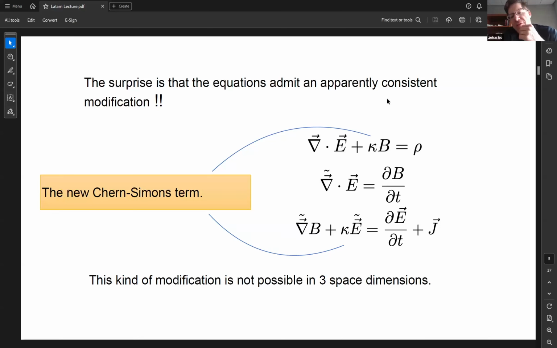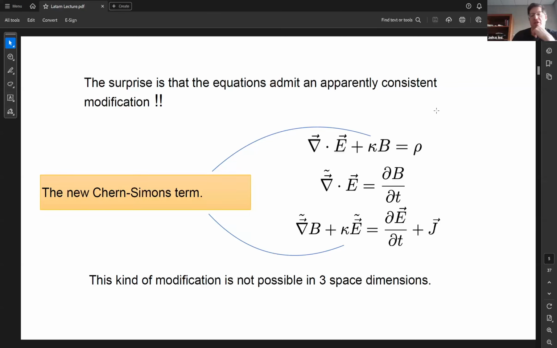But what is the physical reason to doing that? We want a modification that will influence the physics at long distances very dramatically. Otherwise, it's kind of not very important in the infrared, okay? So for that, you have to have few derivatives because modifications with many derivatives will die out at low frequency and large wavelengths. And modifications which are nonlinear in the fields will die out for small field amplitudes.